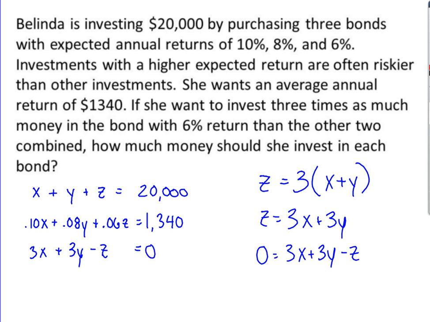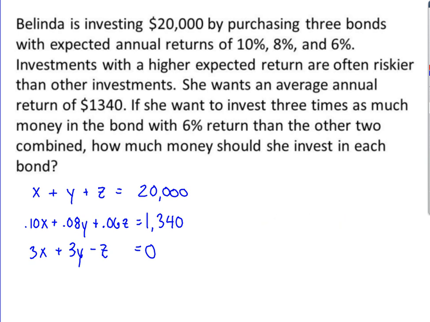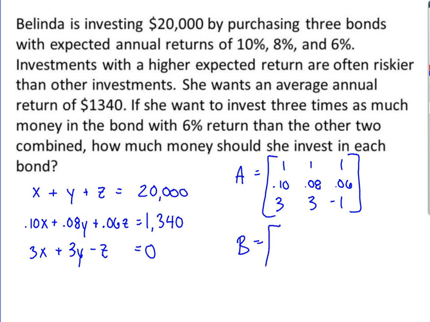So if we find our matrix A and our matrix B, our matrix A is going to be 1, 1, 1, 0.10, 0.08, 0.06, 3, 3, and negative 1. Our matrix B is going to be 20,000, 1,340, and 0.